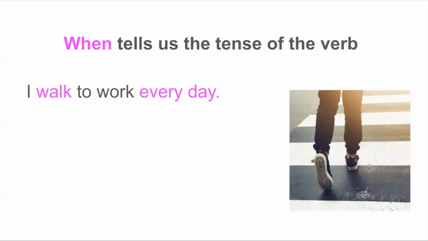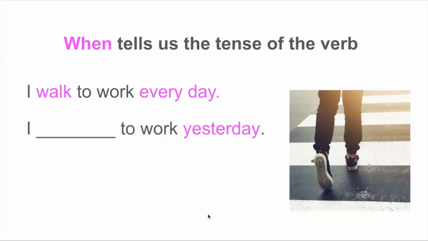I walk to work every day. When I say every day, I'm talking about a habit. So I want to use the simple present. I walk. If I change the when to yesterday, now I know I'm talking about the past. I walked to work yesterday.